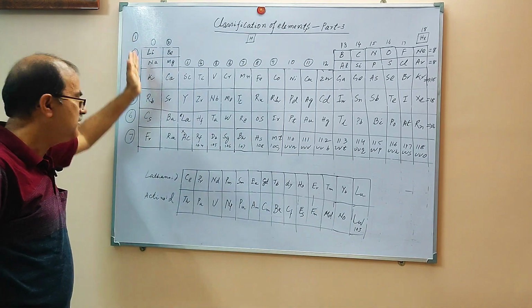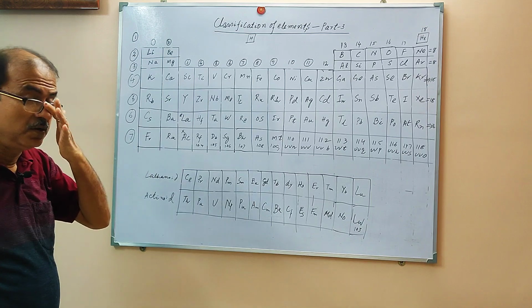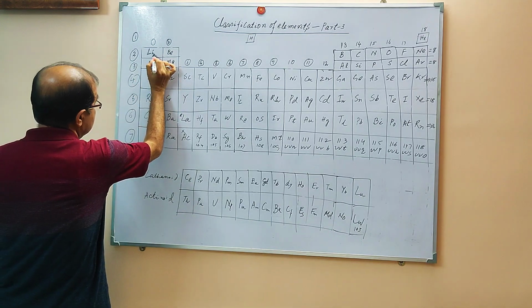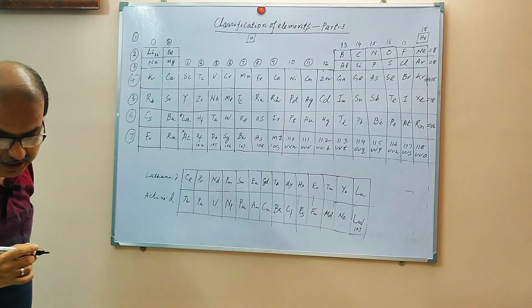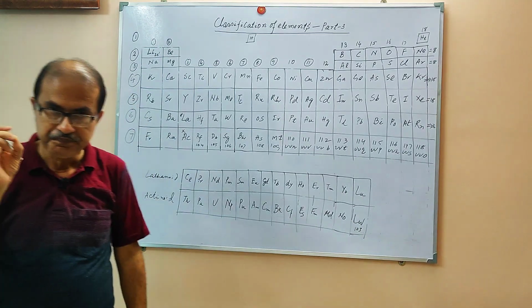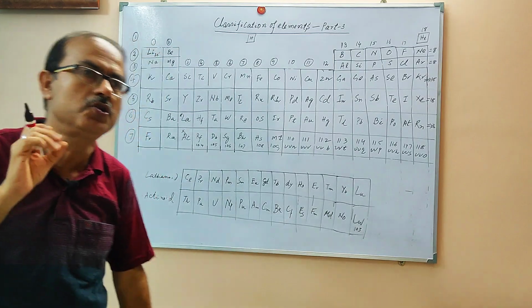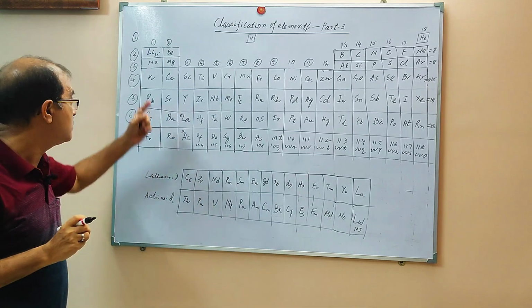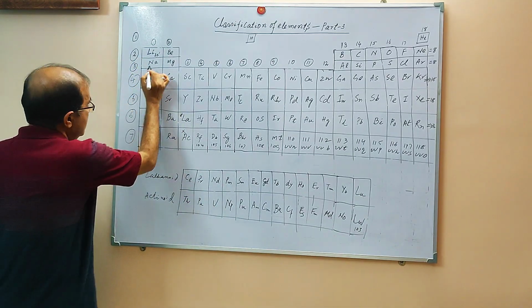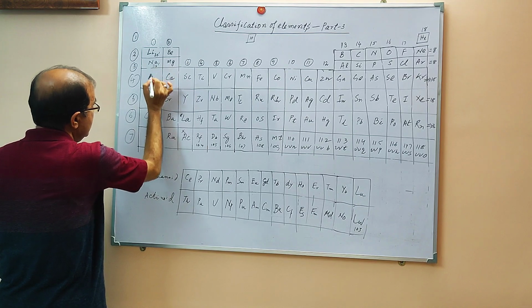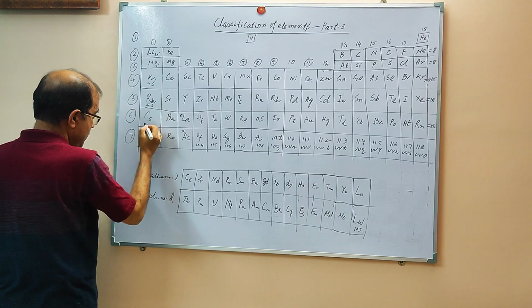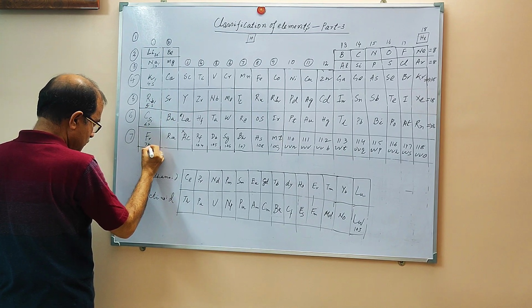They are basically having the same properties. Why is there the same property? Because of their electronic configuration. In chemical properties the outer shell electronic configuration is much more important, much more vital as compared to the inner shell. So the outer shell electronic configuration of lithium is 2s1, sodium is 3s1, potassium is 4s1, then 5s1, that is rubidium, 6s1, and this 7s1.